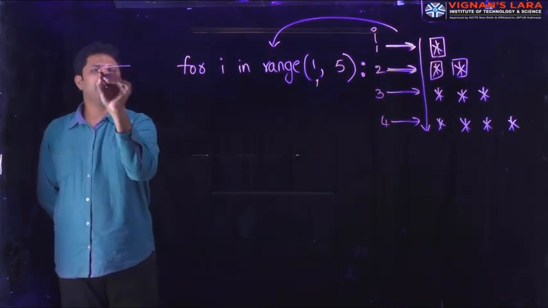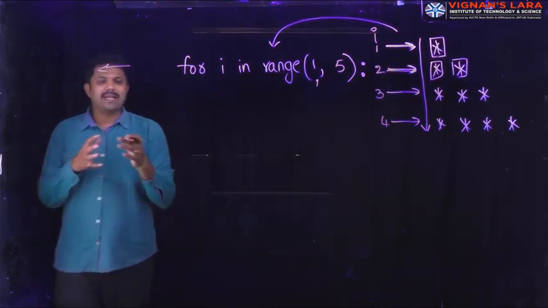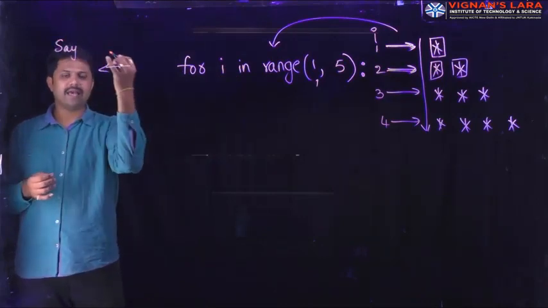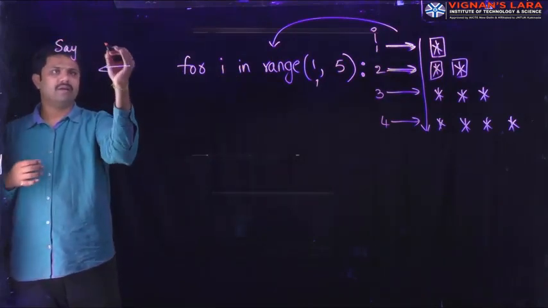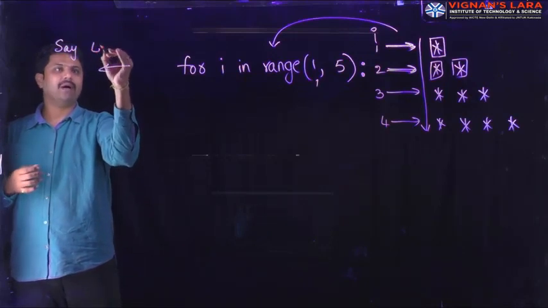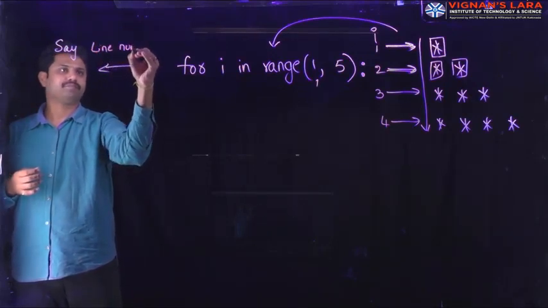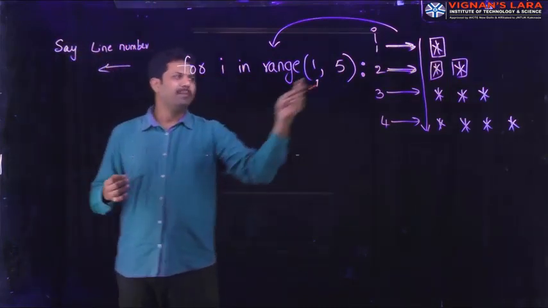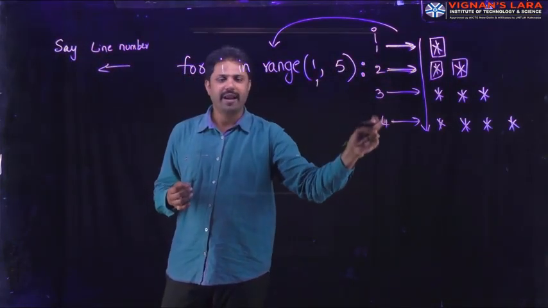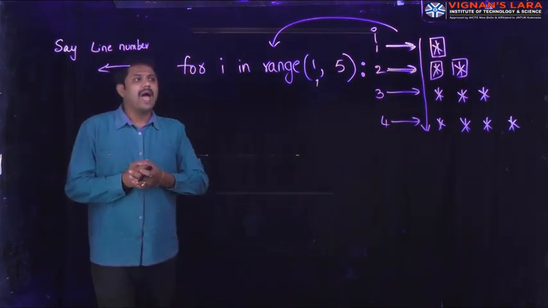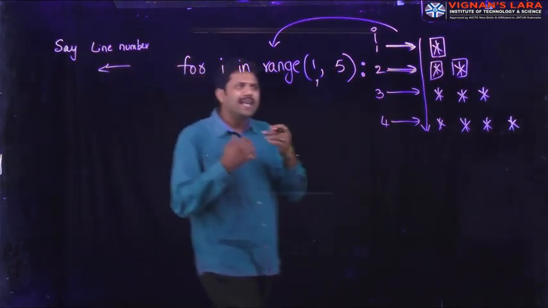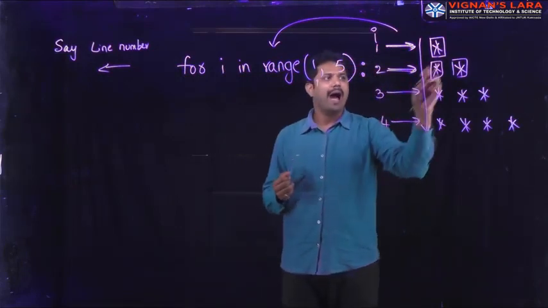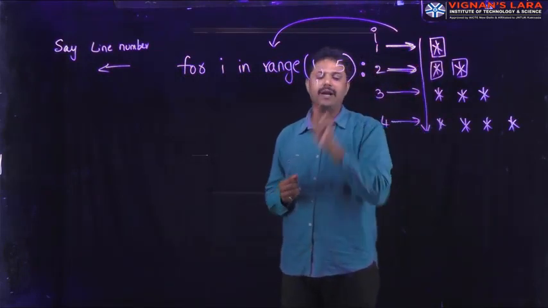What is it going to do? It simply selects; this I says what the line number is. That means first line, second line, third line, and fourth line, like that. Next, if I select the first line, what do I have to do? I have to print the star 1 time.